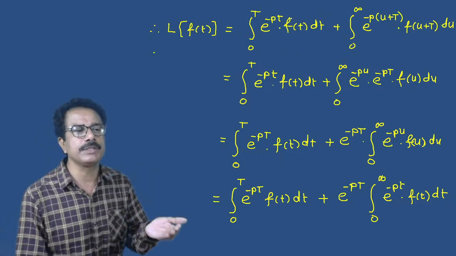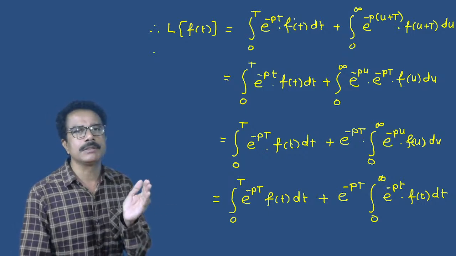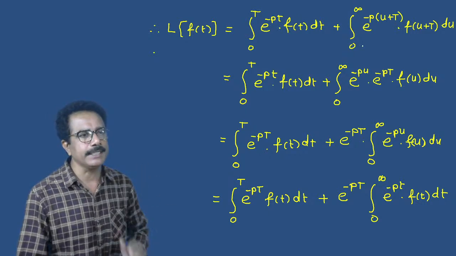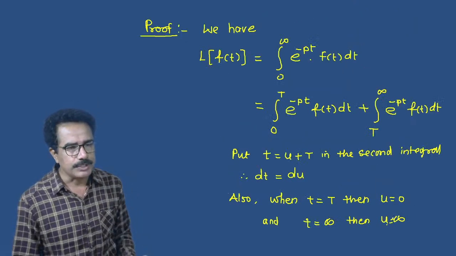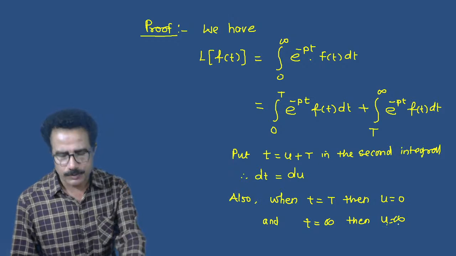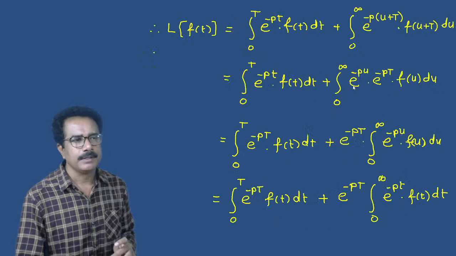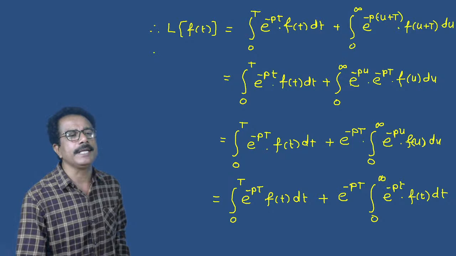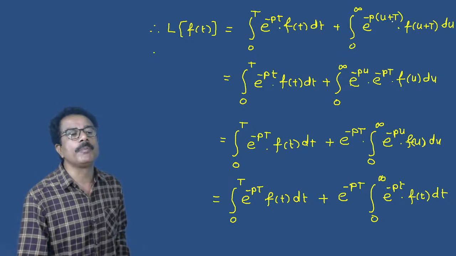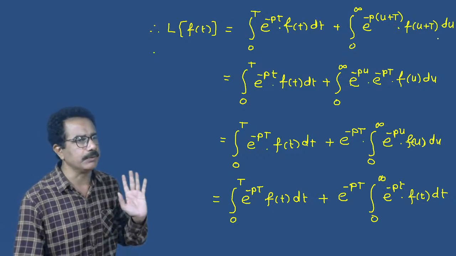We are substituting only the second integral, therefore new limits 0 to infinity, e raised to, in place of small t, we write u plus capital T, f of u plus capital T du.